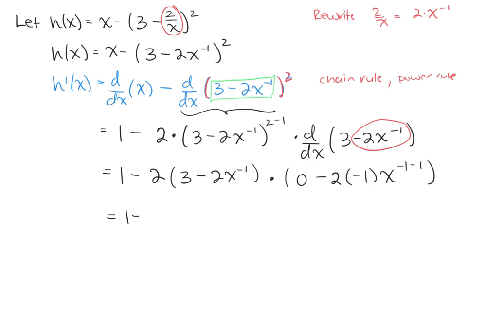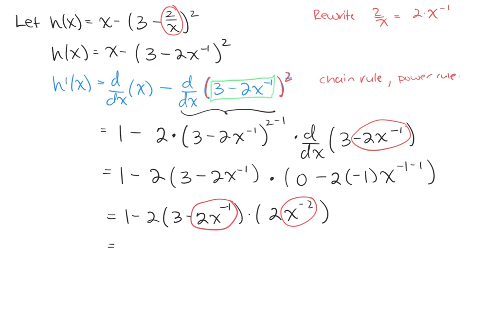All right, so that's 1 minus 2 times the quantity (3 minus 2 times x to the negative 1 power), times, and then I've got this negative 2 and a negative 1, that's positive 2, times x to the negative second power. Okay, and now I'm going to rewrite my terms with the negative exponents using positive exponents.